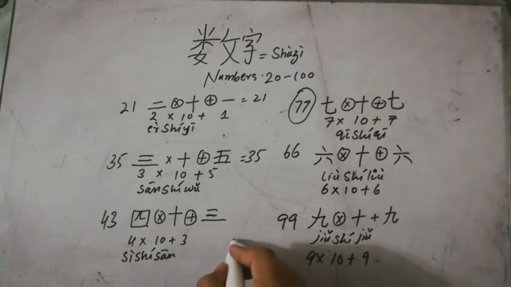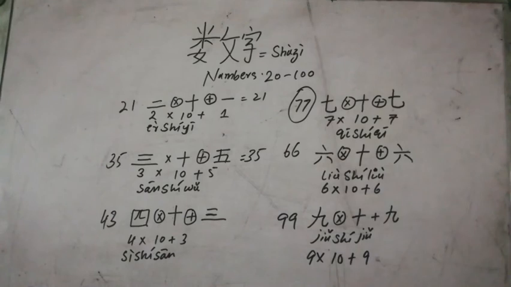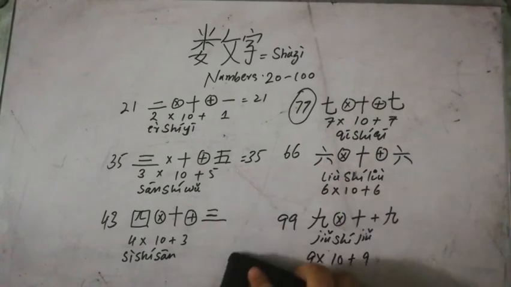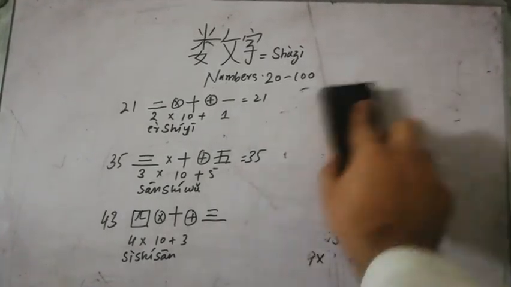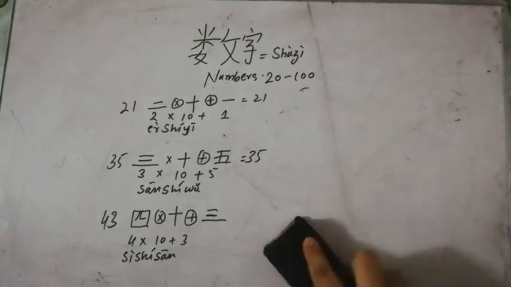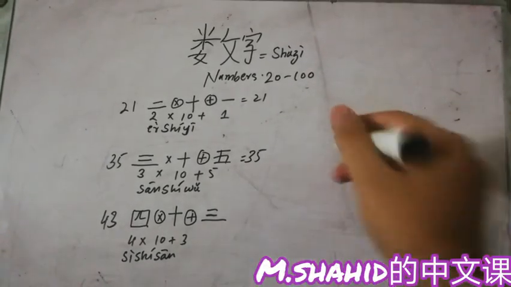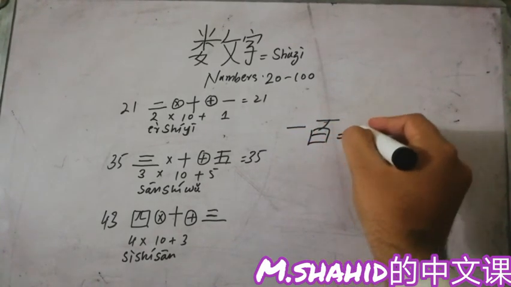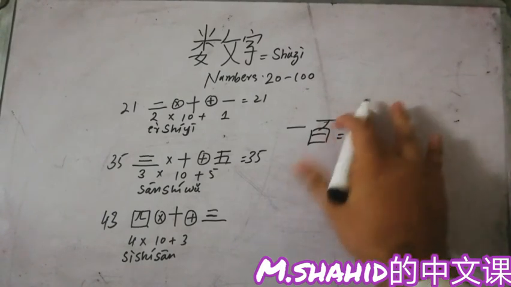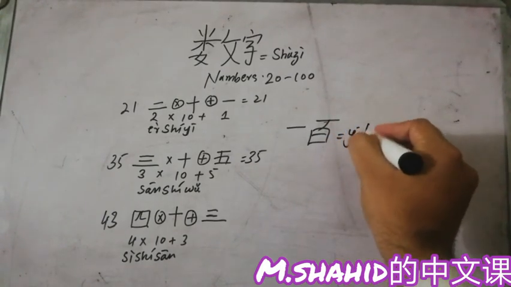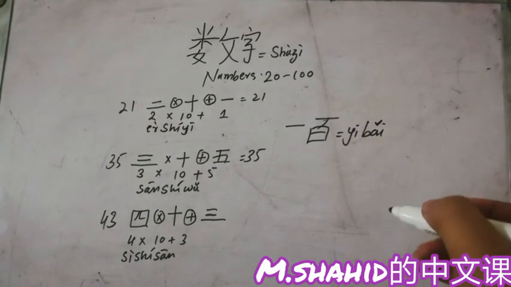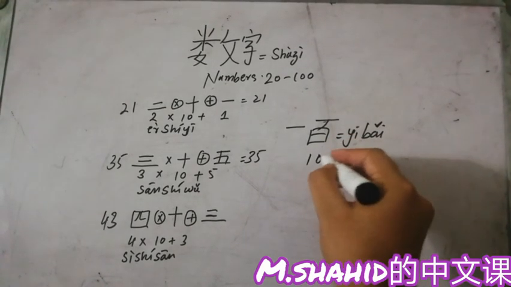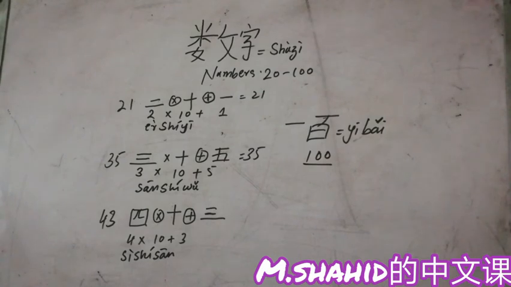It has its own name and its own character. So we got these numbers, how to know and write their pinyin, their characters and their numerals. This is all for today.